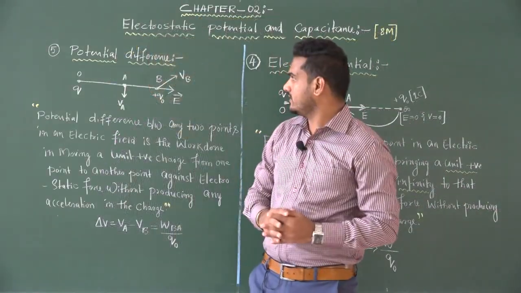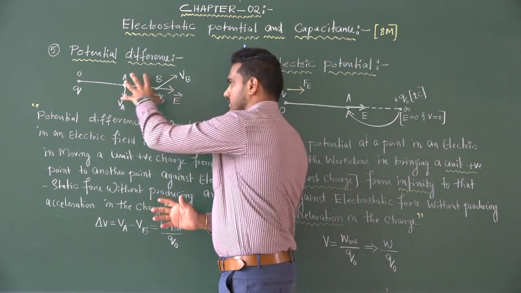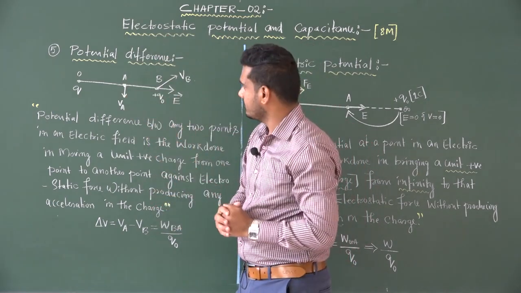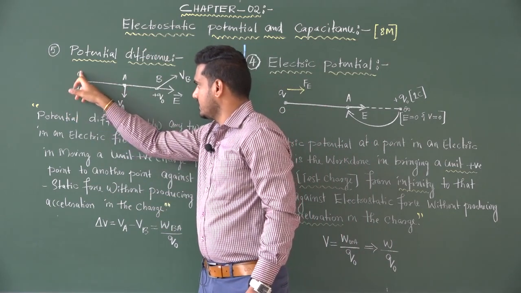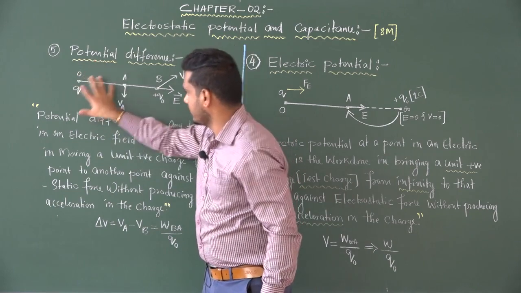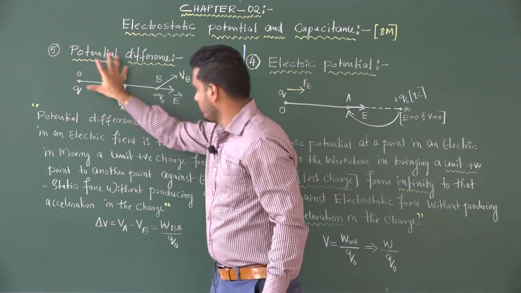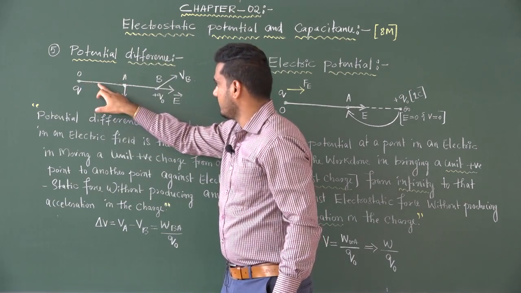The fifth point, potential difference. Again we have a very small diagram. Here I consider a positive point charge placed at a point O. It produces an electric field in the space around it. Within the region of the electric field, I consider an electric field line.